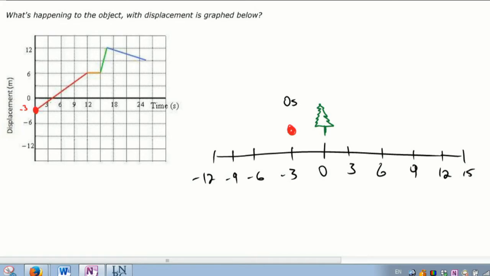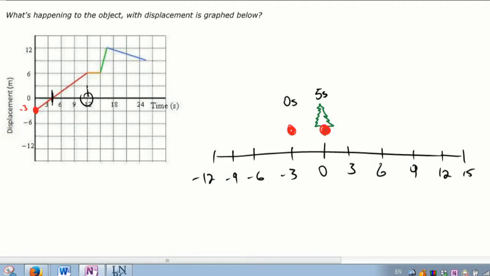Okay, 3 seconds later, roughly, it's actually a little bit more than that, it looks like about 5 seconds, it's at 0 meters. So I'm going to draw the ball right here. This is at about 5 seconds. It's at 0 meters. All right, let's keep going. At 6 seconds, let's find a nice spot here.